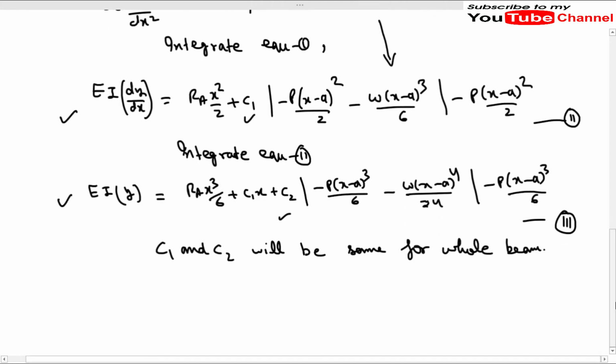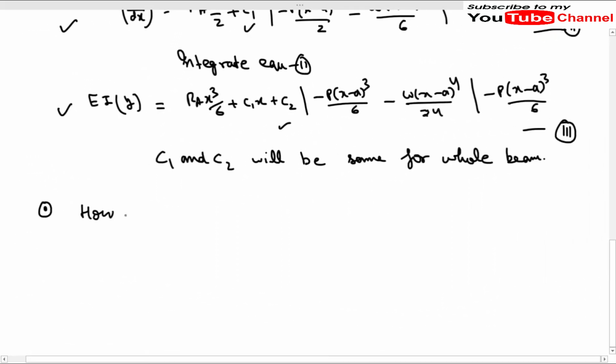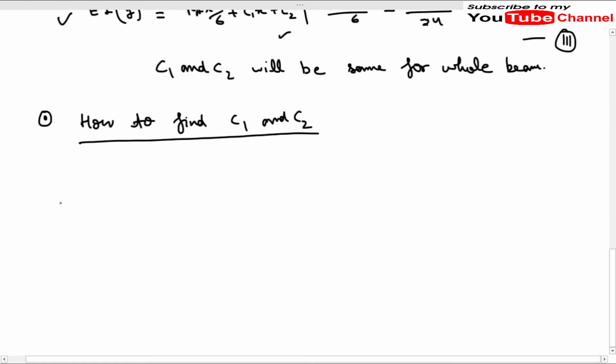So how are we going to find out these C1 and C2? In our previous videos on the double integration method, we have used a very important thing, which is boundary conditions.